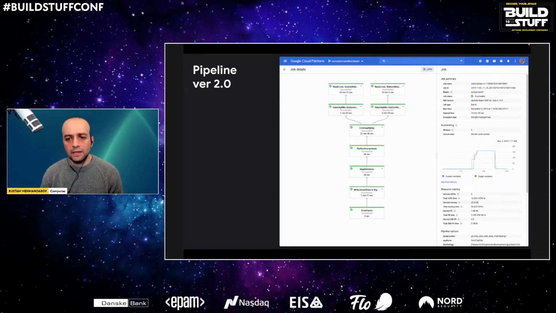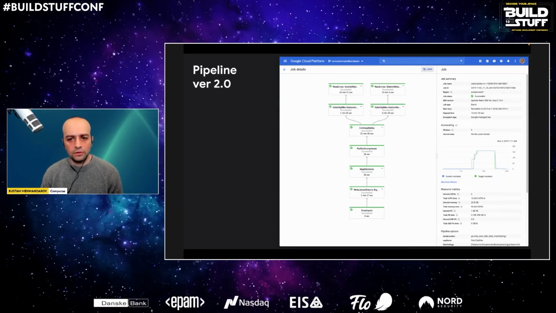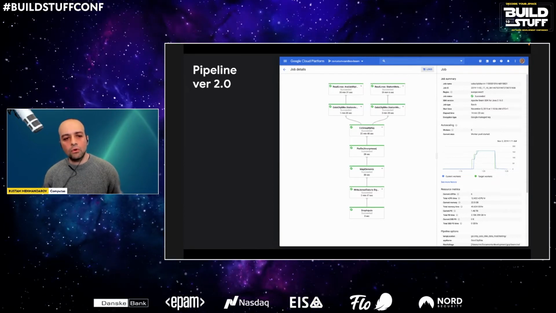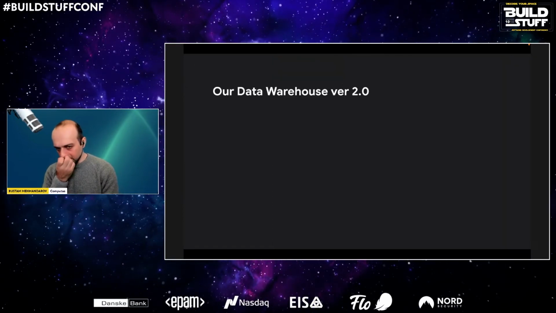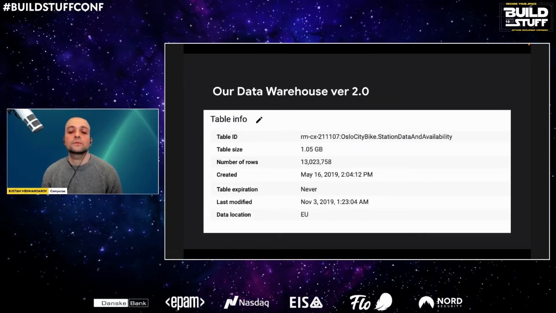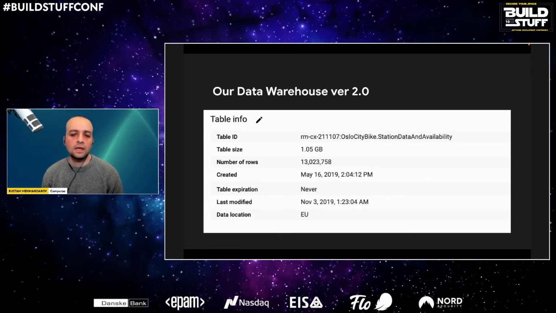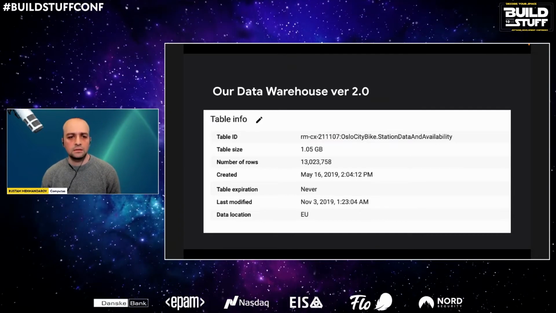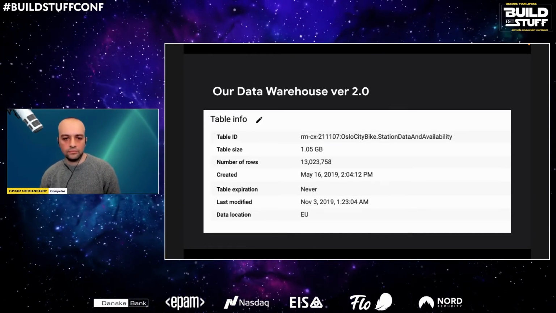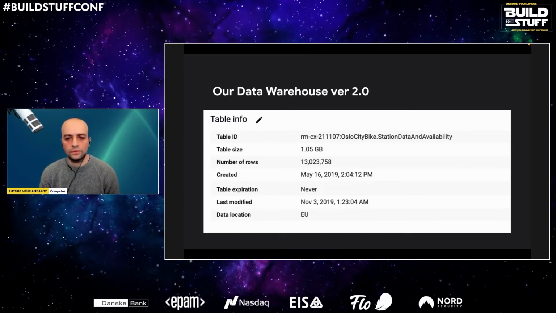So now we had much more data, more denormalized data, more information about each station, and also more historical data. At this point, a year later, we were sitting at around 30 million rows of data, and that was 1 gigabyte worth of data. In the previous slide, the table size was 35 megs.